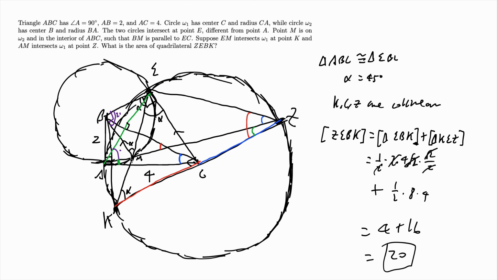I was trying to somehow utilize those properties and try using a cyclic quadrilateral or Heron's formula. But I realized that those are quite unnecessary, because by chasing angles we can gain more information. And the sole reason why I started tracing angles is to get more information, like the fact that K, C, Z are collinear. So I learned a lot from this problem.